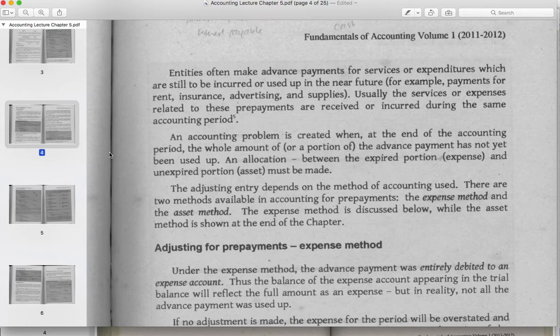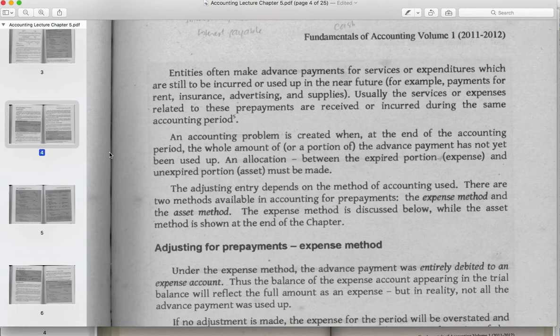Well, generally, there would be either understatement of expense or overstatement of expense, o di kaya understatement of asset or overstatement of asset, and understatement of equity or overstatement of equity. Ayun, so yun lang naman pala. Sige, isa-isahin natin. Bakit may or? Bakit hindi ka sure, ma'am? Hindi naman sa hindi ako sure.